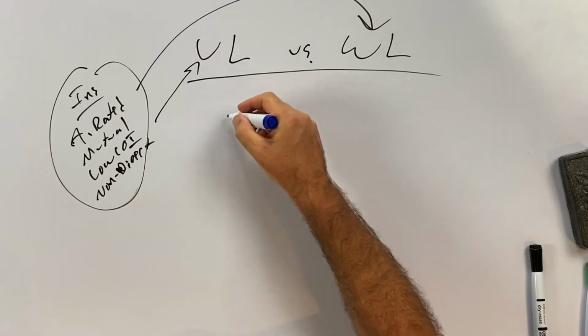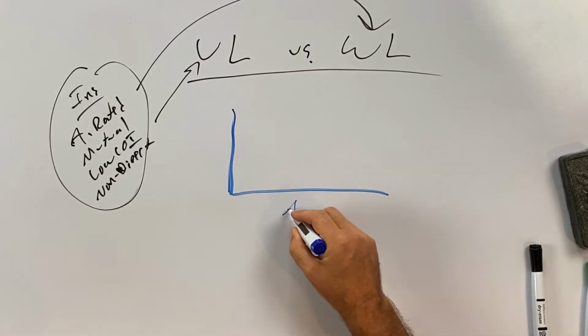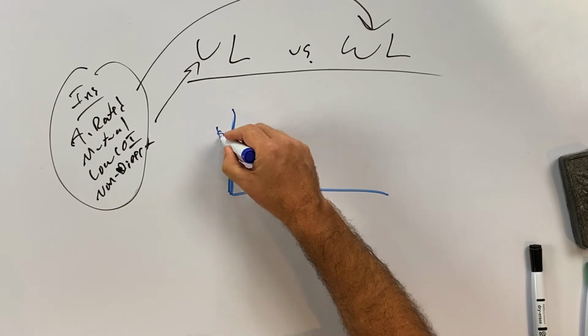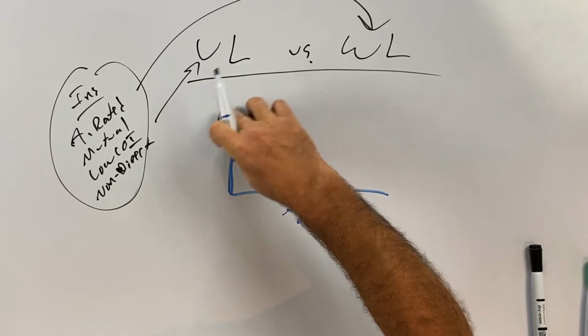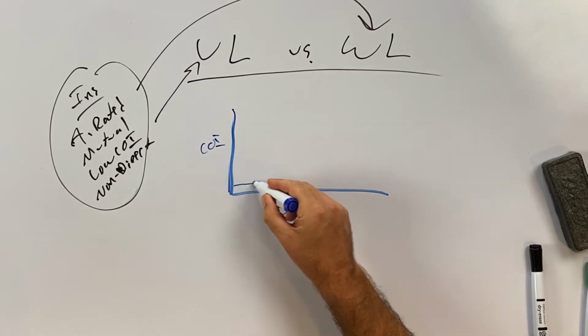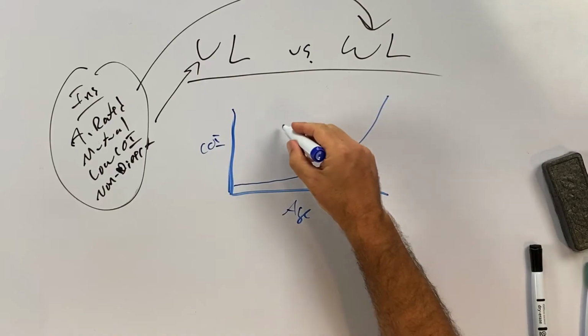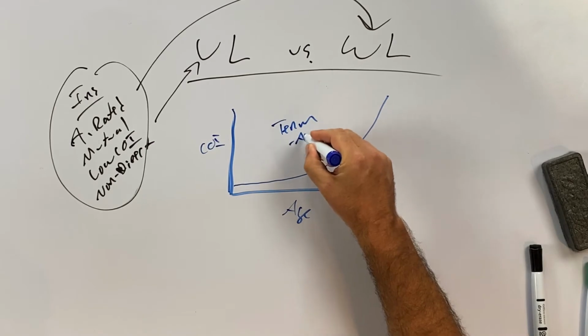Now, here's one of the key factors that is very important to understand. The cost of insurance with ULs, I believe, over time blows up, if you will. And here's why. Let's say this is your age, and this is your cost of insurance. ULs start like this. The death benefit of any UL policy is a term policy, an annual renewable term, meaning every single year the cost of the death benefit is paid through a term policy.